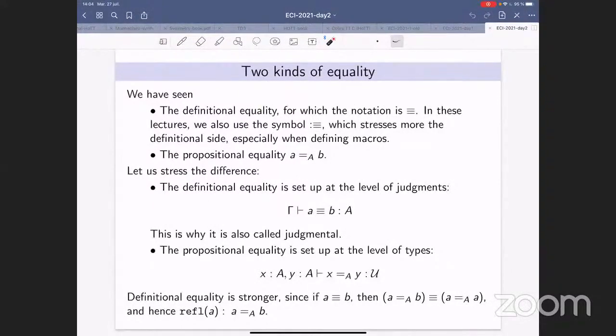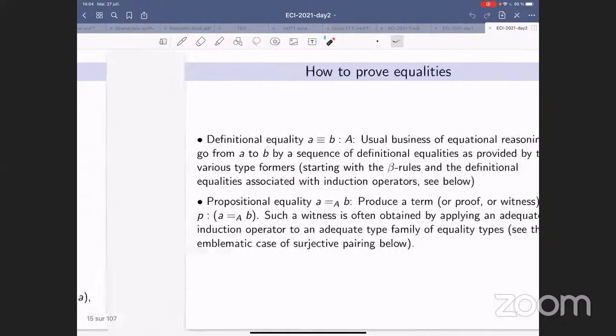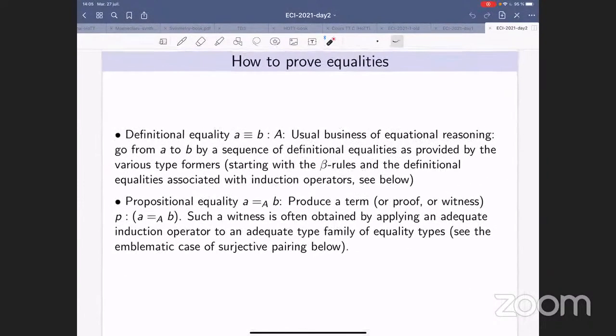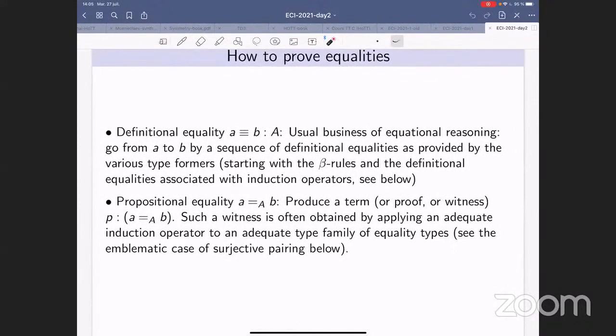And since there were some questions yesterday, I added a slide yesterday, so I might comment on it to try to convey even a bit more about the difference between these two kinds of equalities. So the question is that these two equalities, the way to prove them using the tools of type theory are quite different.